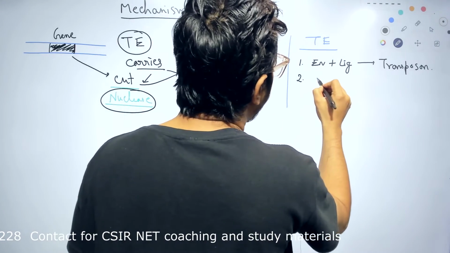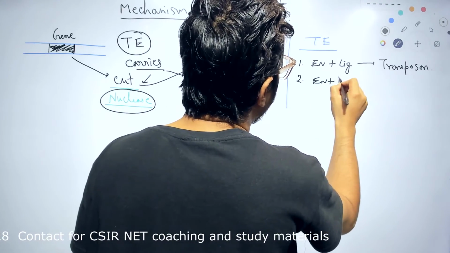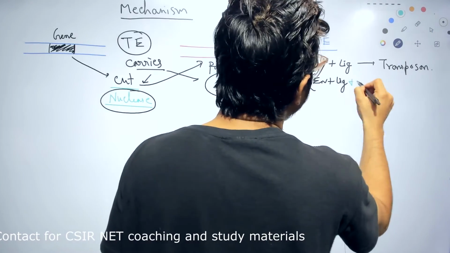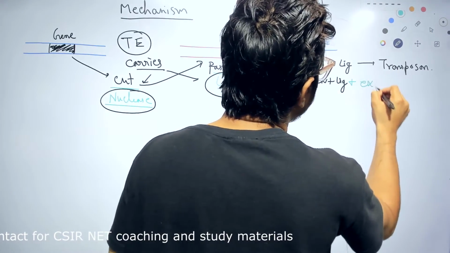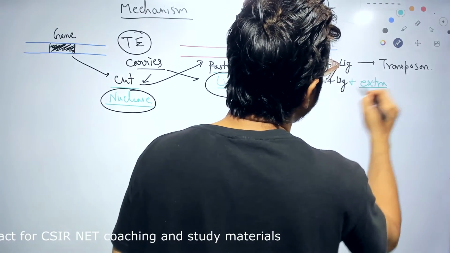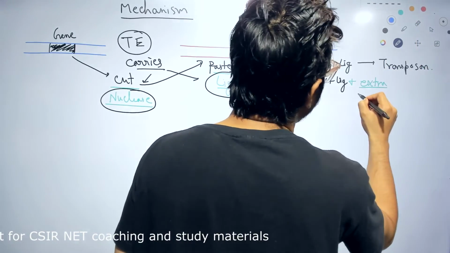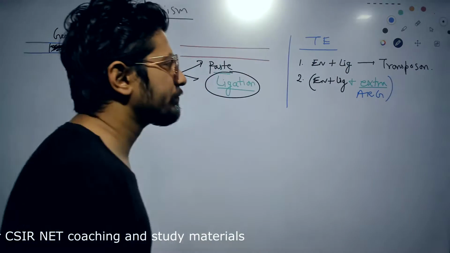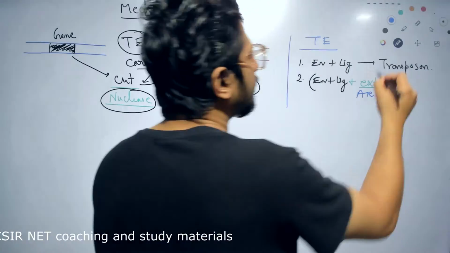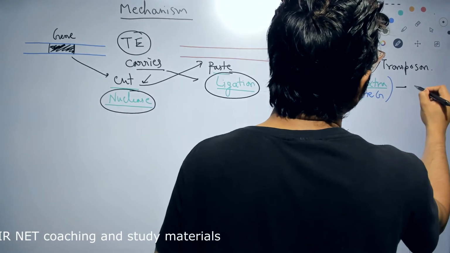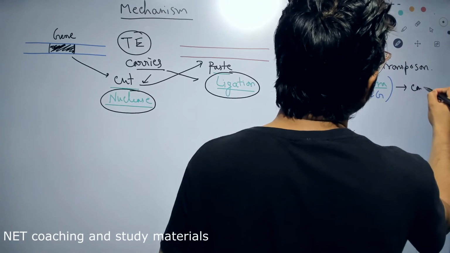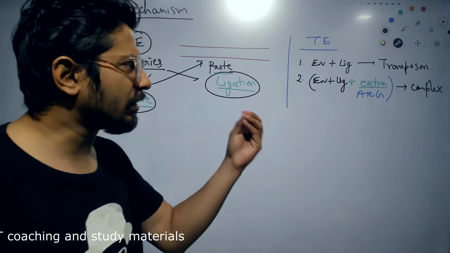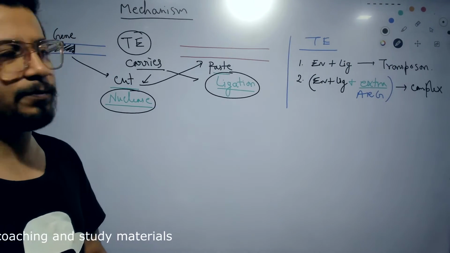Sometimes apart from this endonuclease and ligase activity, they might also carry an extra gene, let's say, for example, an antibiotic resistance gene with it. So this is a little complex type of transposable element.